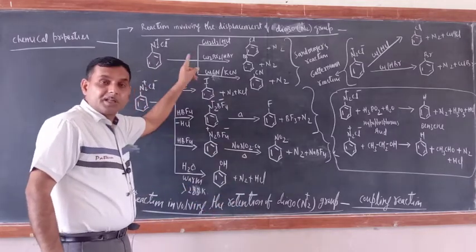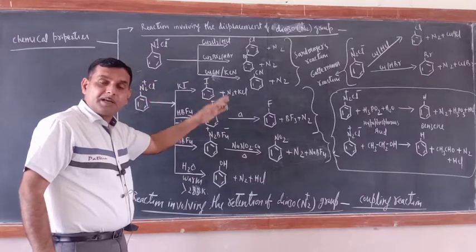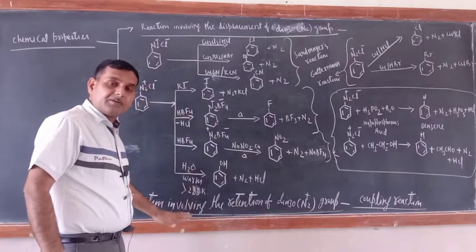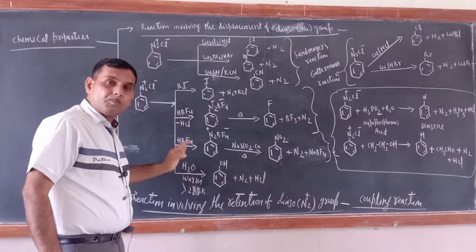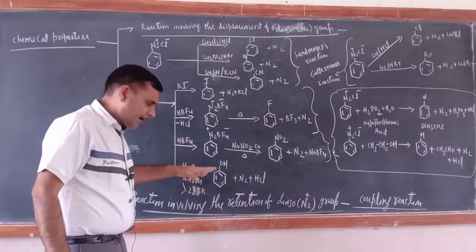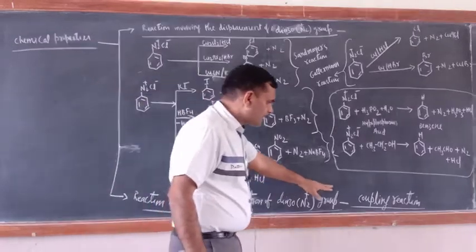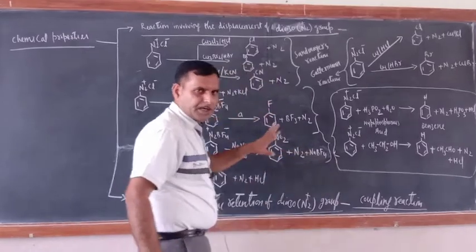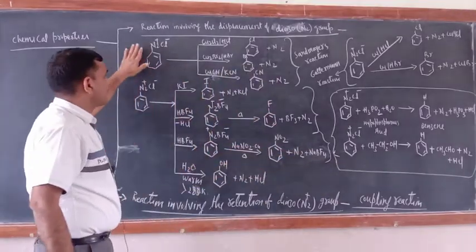In the first category the diazo group will be displaced. In the second category the diazo group will be retained, and under this only one reaction is there, the coupling reaction. Separately I will teach this one.